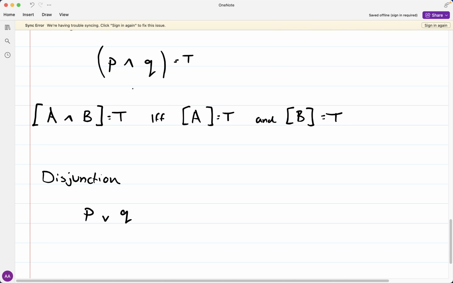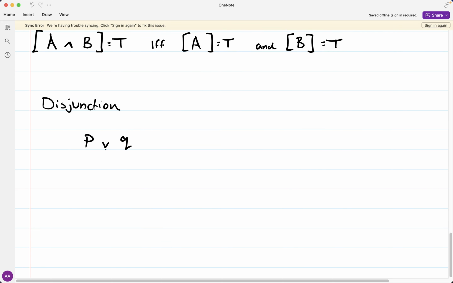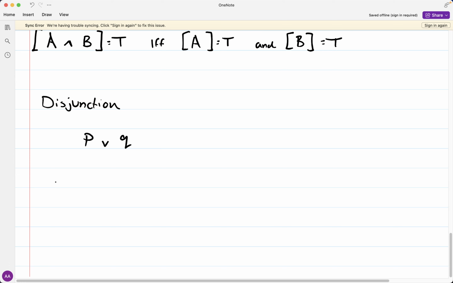So whereas the conjunction is P and Q, they both have to be there in order for the proposition to be true. And with a disjunction, we have P or Q, which, as you could probably understand, suggests that we only need to have one of them there in order for the disjunction to be true. And so let's define that as follows.